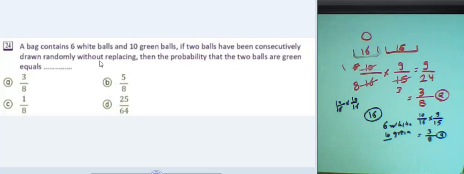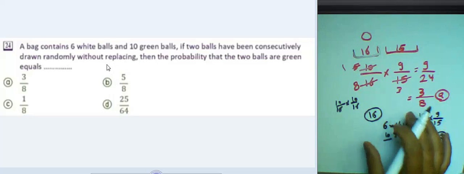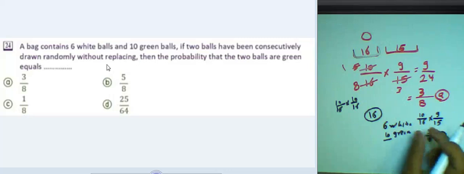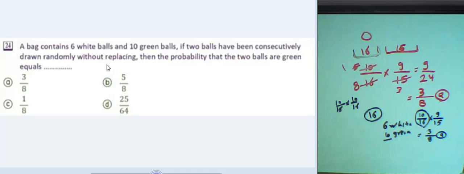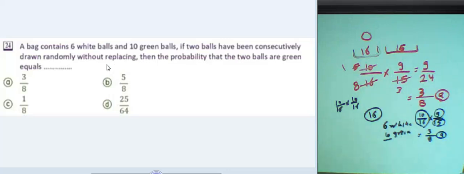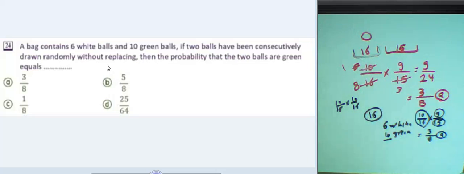But with without replacing, we can't put the ball back in the next draw. In the first draw we choose 1 ball from 10 green balls out of 16 total, but in the next draw we choose from 9 because that is the remainder. We get 1 ball from 10 balls, and the remainder will be 9, out of a total of 15, because the ball I took in my hand from 16 leaves 15. So the result will be 3 over 8 by multiplying 10 over 16 and 9 over 15.